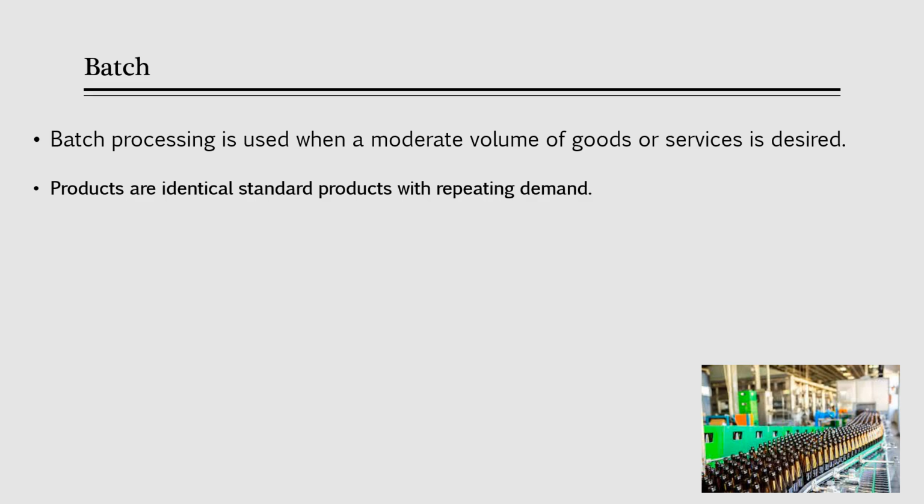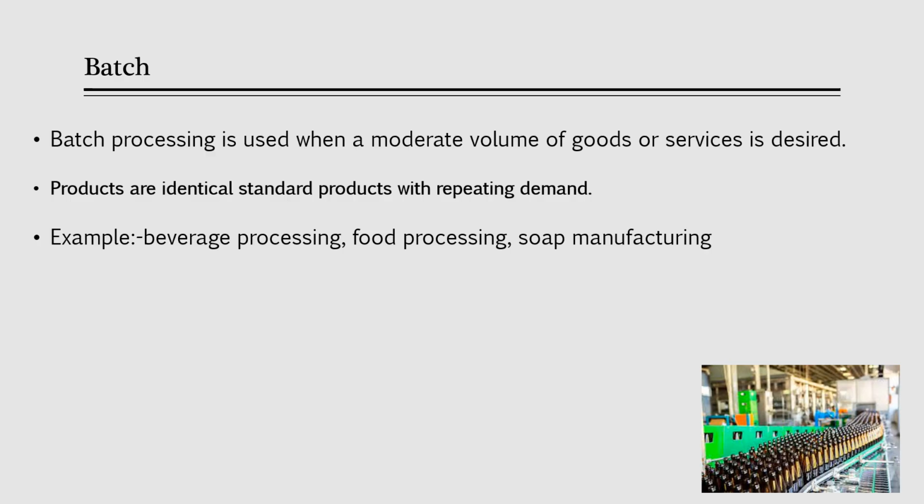This type of manufacturing is done when there is a repeating demand, such as beverage processing, food processing, soap manufacturing. So it involves producing a group or batch of products simultaneously rather than one at a particular time.